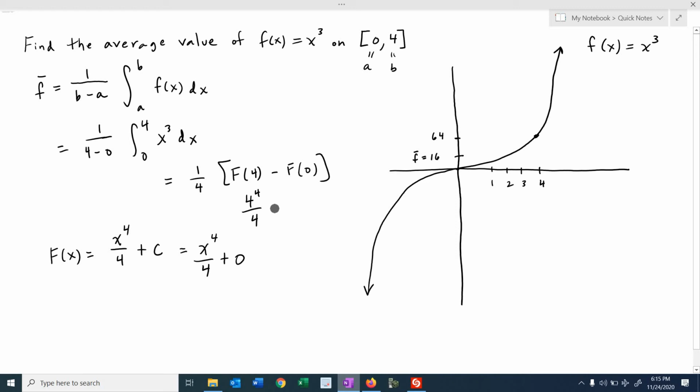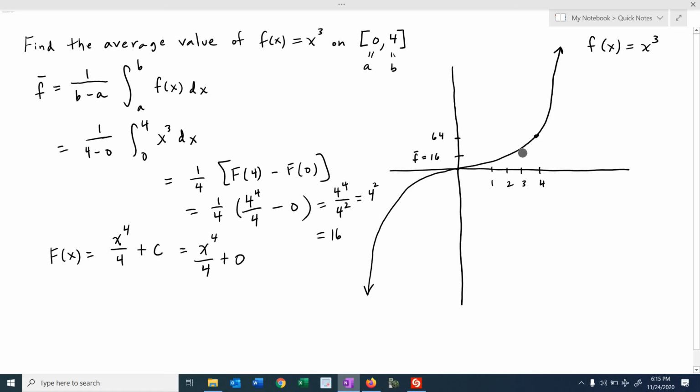Of course, F of 0 is just 0. And then when you multiply that by the 1/4, notice you have 4 to the fourth divided by 4 squared, which of course is just 4 squared, which gives you 16. So that's the average value of this function on the interval from 0 to 4.